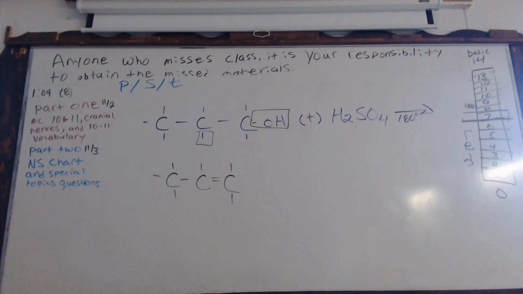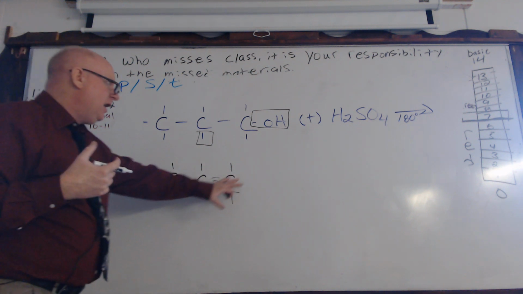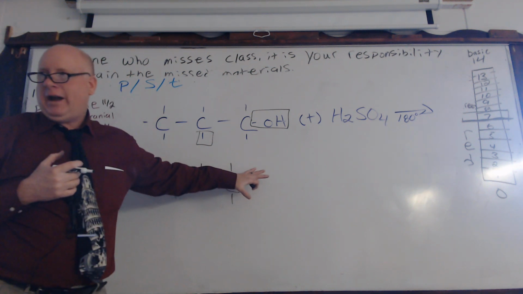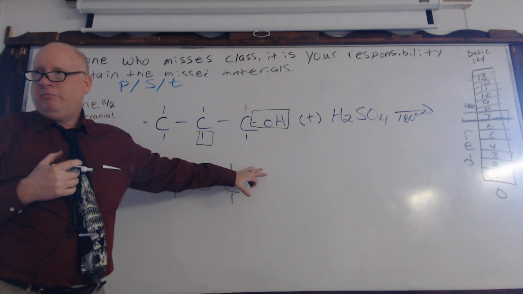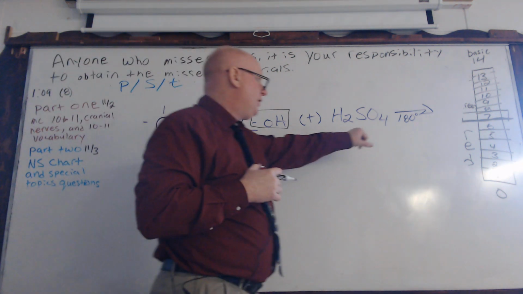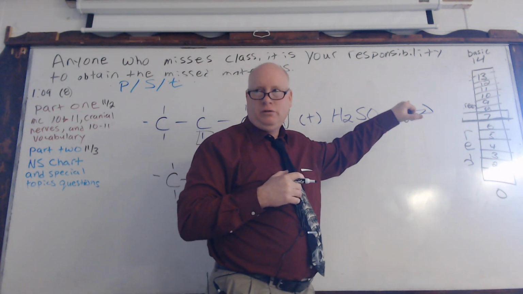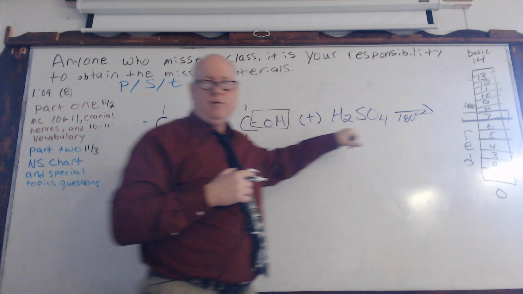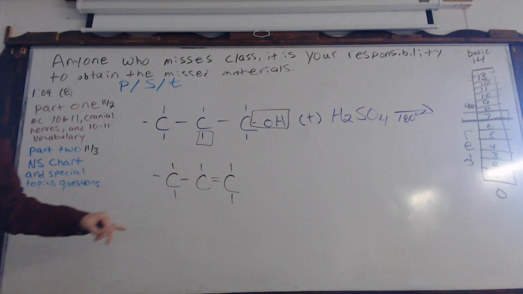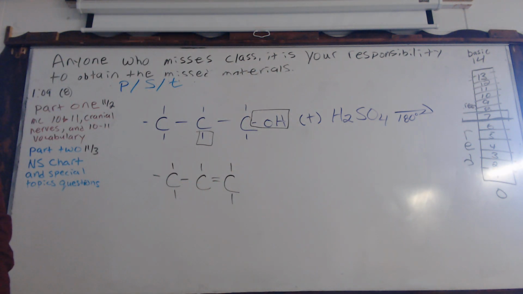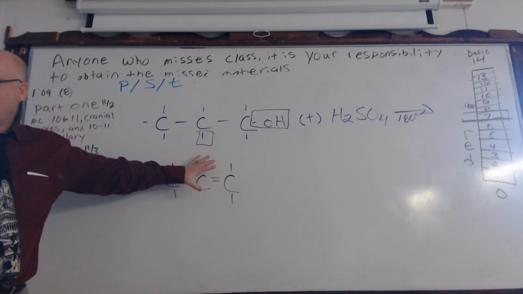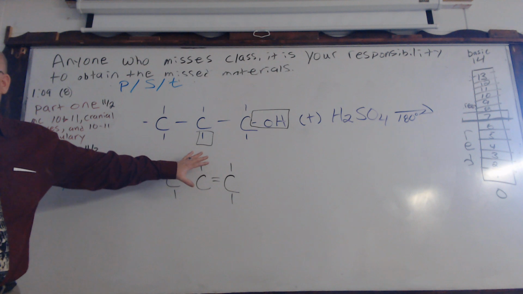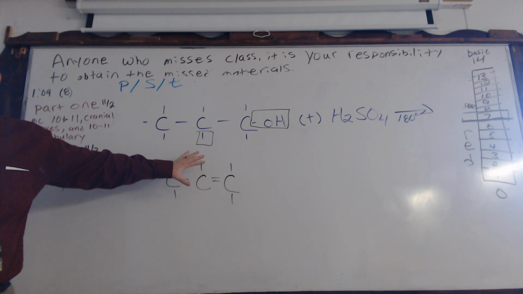So that's what you would see happening here. That's not the only thing that happens, because later on we're going to talk about that temperature range. When it's lower temperatures, it forms a totally different compound, but that's for another time and another place. This is where we left off yesterday. Any questions on that?